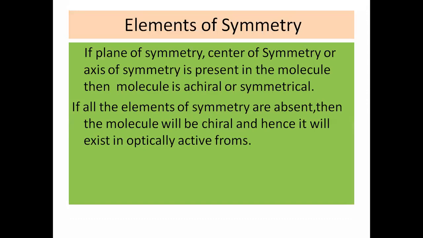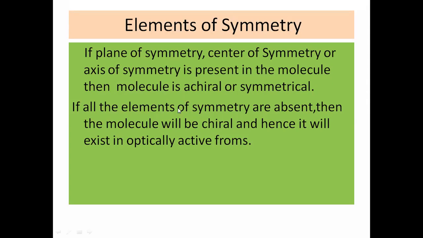What are the elements of symmetry? There is the plane of symmetry, center of symmetry, and also the axis of symmetry. If a plane of symmetry, center of symmetry or axis of symmetry is present in the molecule, then we call that molecule achiral or symmetrical.